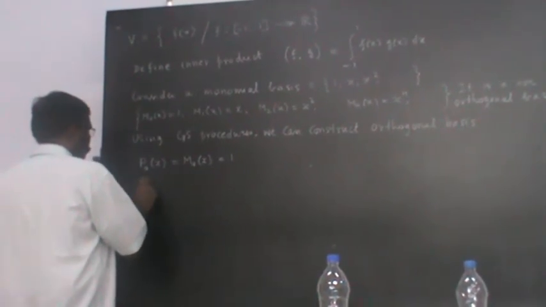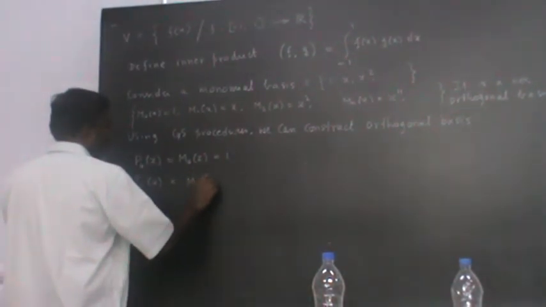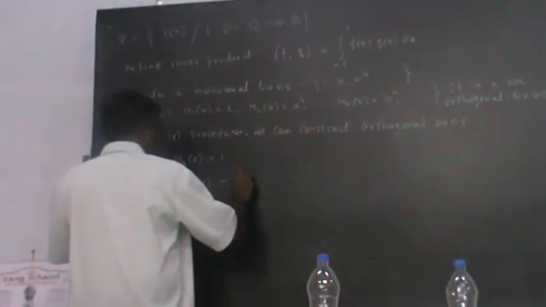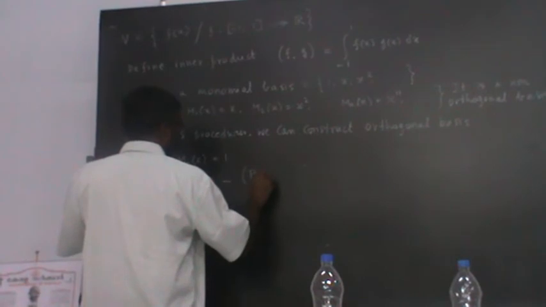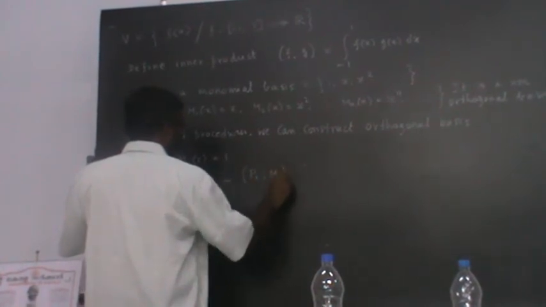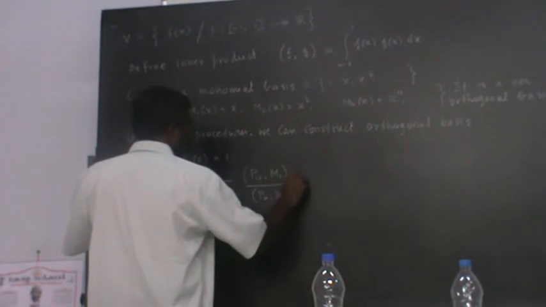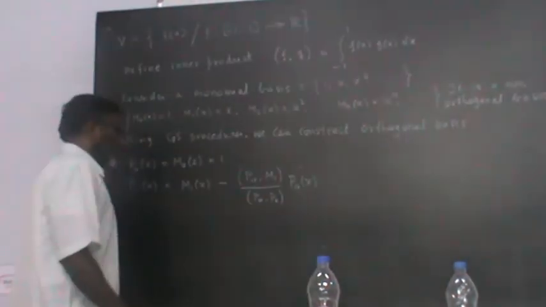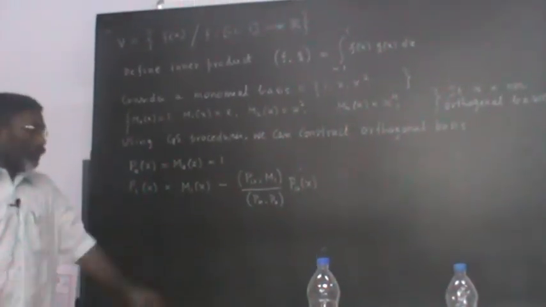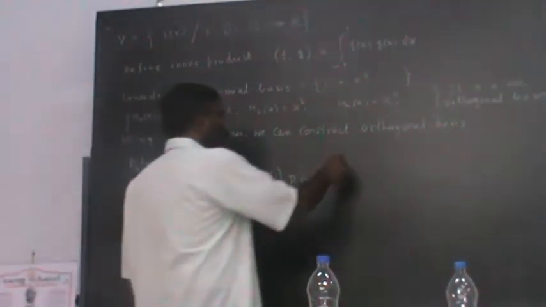Now P1 of x, the second element, should be M1 of x minus the inner product of M1 with P0 divided by P0 into P0. I have to evaluate two inner products here. So let me evaluate these two inner products.